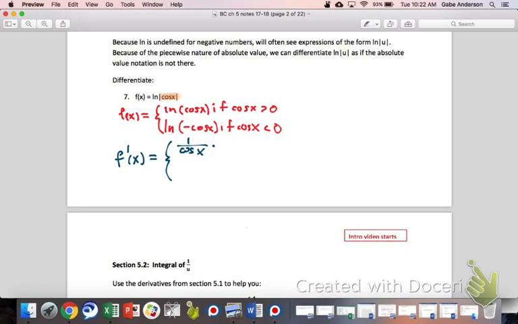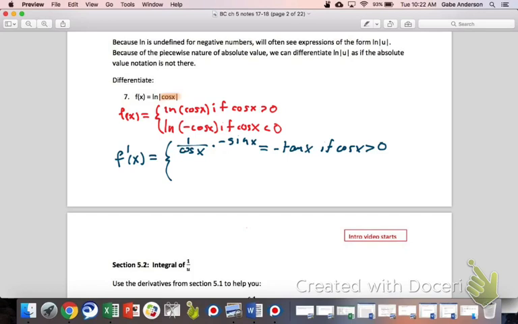Negative sine. Which equals, if we did a little trig identity work, negative sine over cosine is? Negative tangent. Okay, so this top part is if cosine of x is positive.